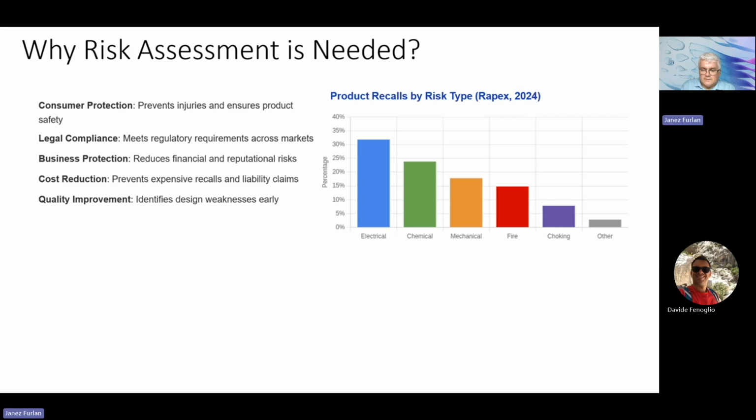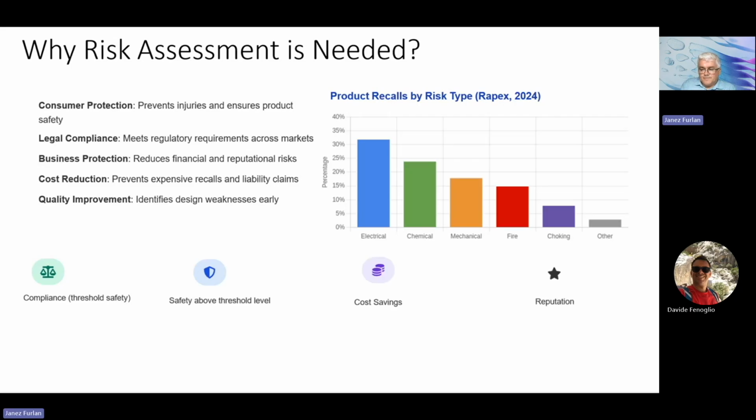Last but not least, risk assessment can also be used for cost reduction and quality improvement because it's a tool that identifies some weaknesses in design at the early stage, and we can, as manufacturers, address them at low cost rather than doing some corrective measures and improvisation later on.